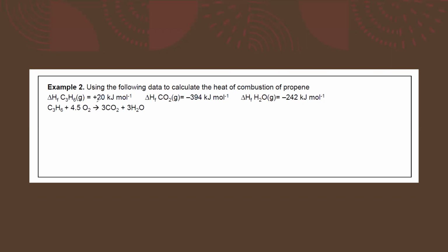Now, because you can see the formation is given, it means we have to add a link which is the element. So what are the elements here? The elements are carbon, hydrogen and oxygen. To have 9 oxygen, it will be 9 by 2 or 4.5. So elements form the reactant, or elements directly form the product. As you can see here, carbon, hydrogen and oxygen react to form propene and oxygen.